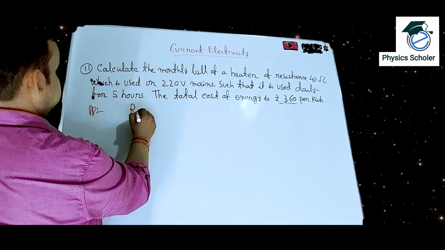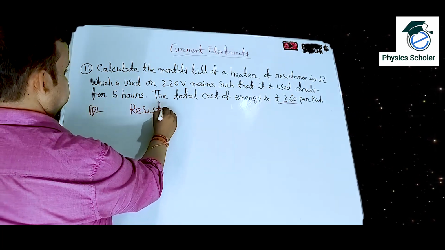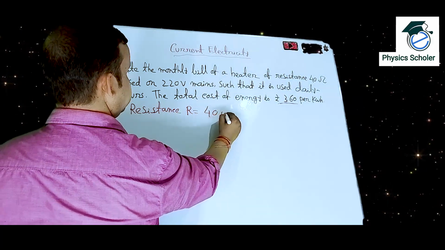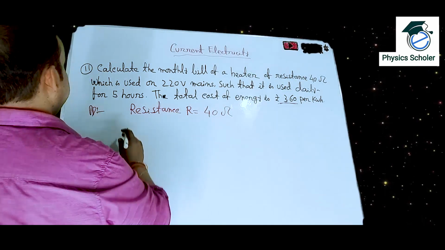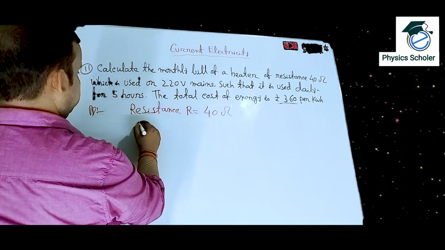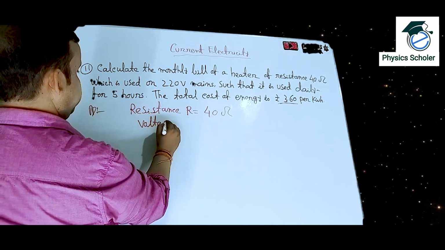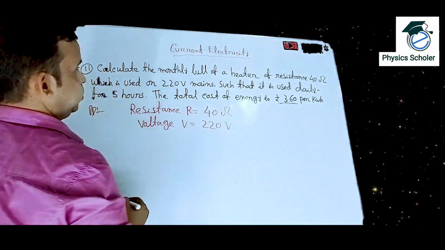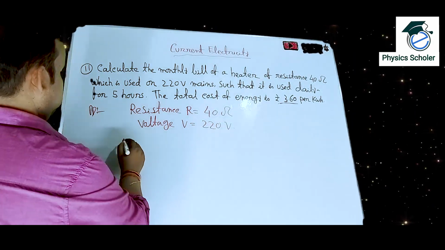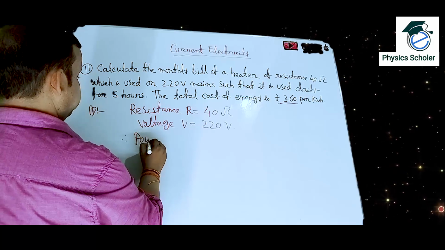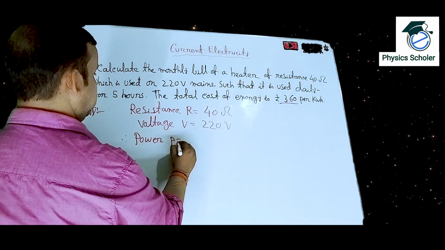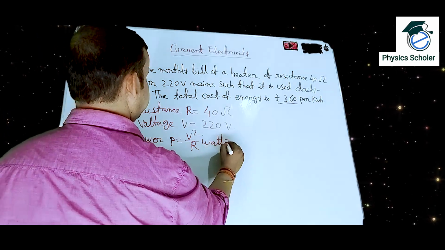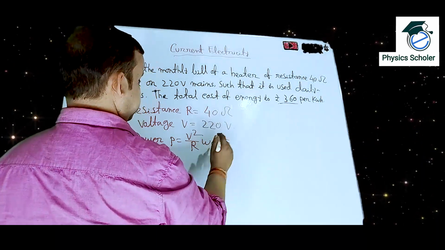So resistance R is equal to 40 ohms. Voltage V is equal to 220 volt. Such that power P is equal to V square by R. We know that, I have shown it in this episode.